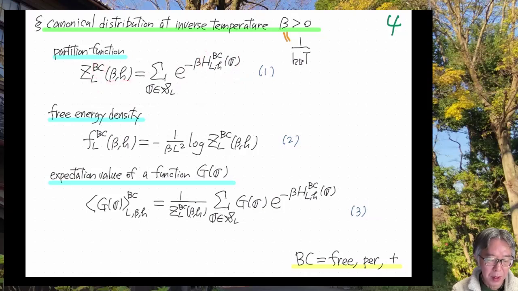And then the free energy density is defined like this. If you take log, divide by beta, and put a minus sign, you get free energy. And then we want the free energy density, so we have L squared here.